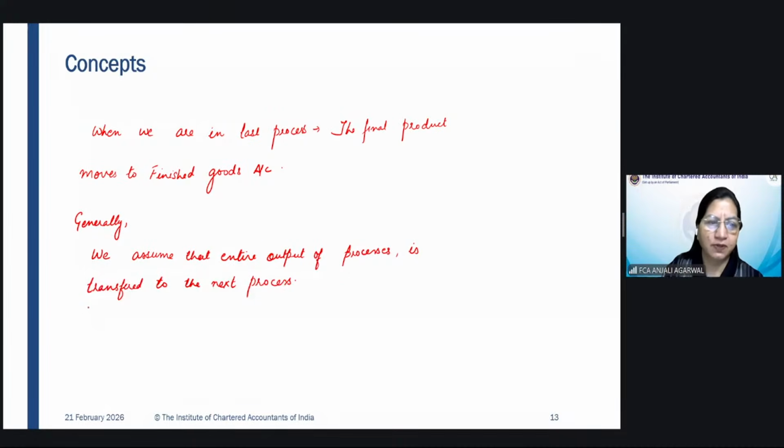So there should not be any closing stocks in any process unless specifically mentioned.